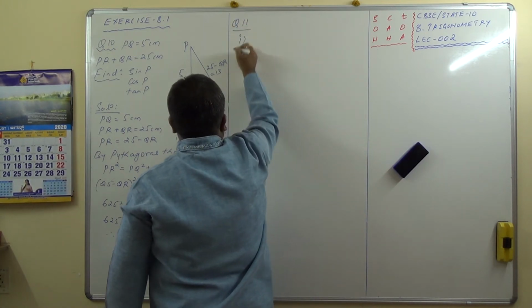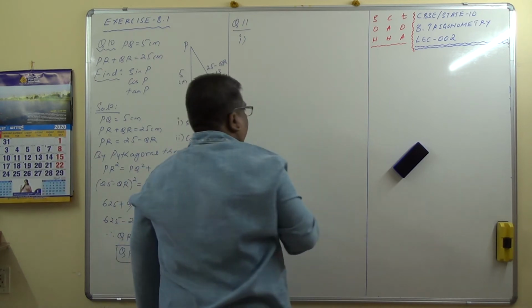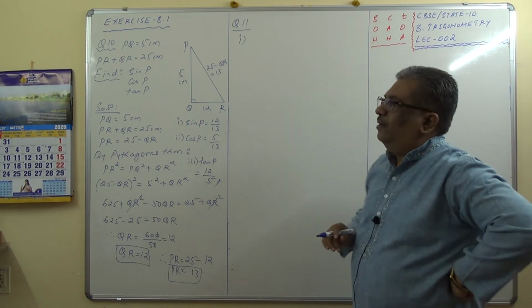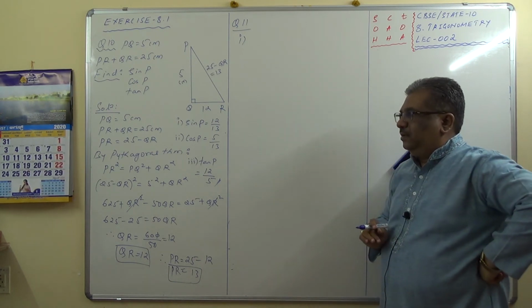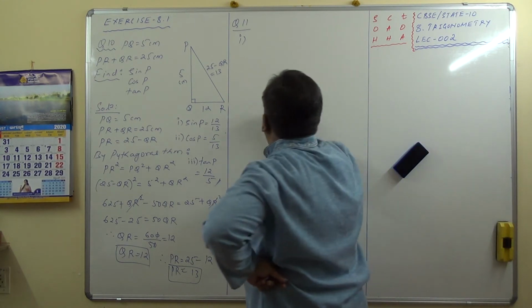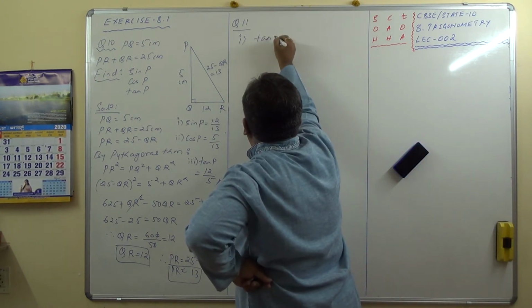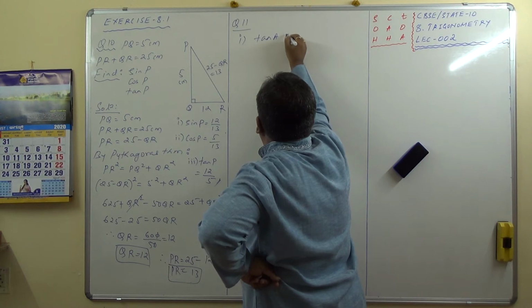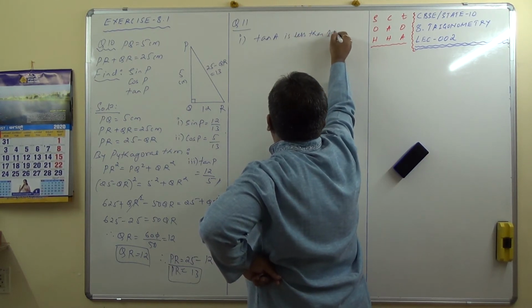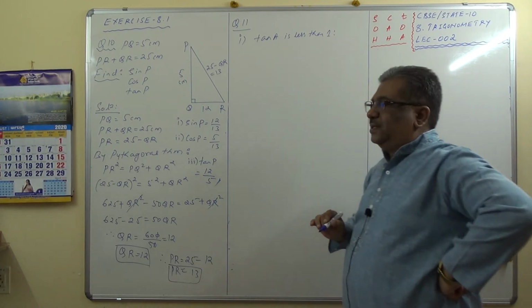In that first one, I'll read this one for you. The value of tan A is always less than 1. Is it true or false?